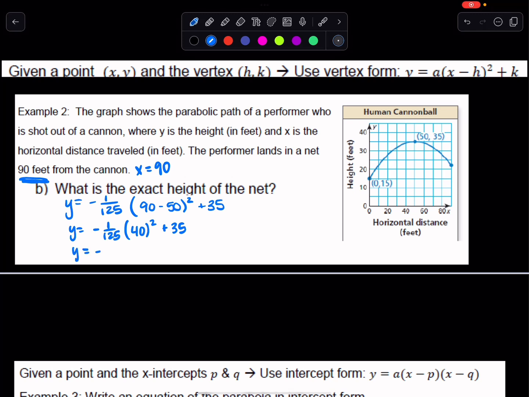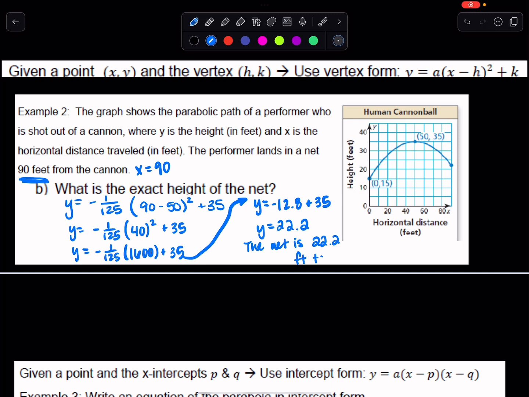Square that 40, that'll be negative 1 over 125 times 1,600 plus 35. Then we multiply, and I'm going to use my calculator for that. So that'll give me negative 12.8 plus 35, which is 22.2. So the height of the net is 22.2 feet tall.